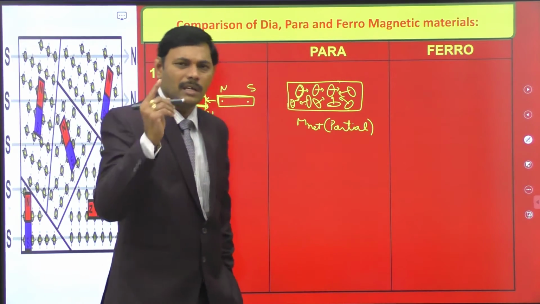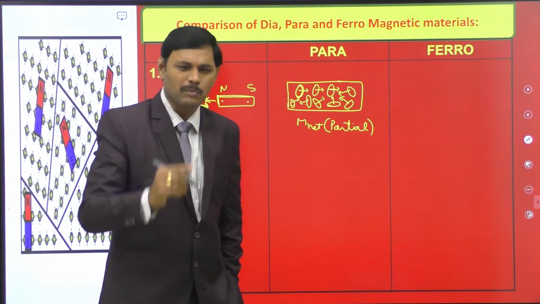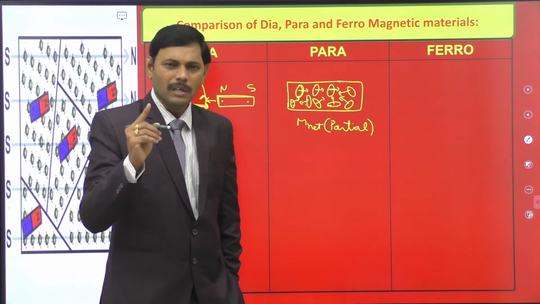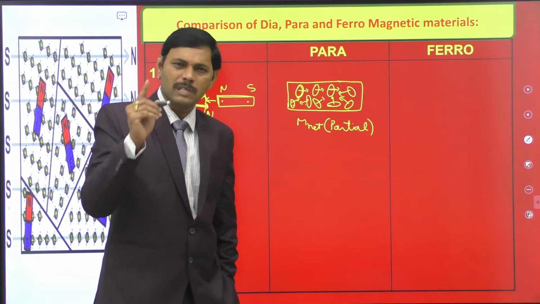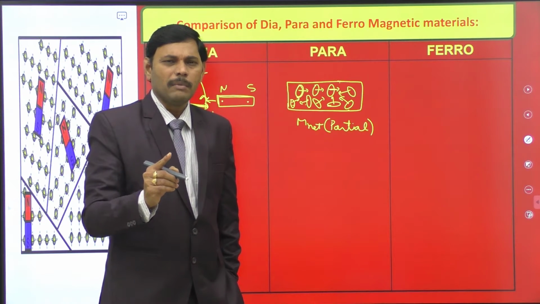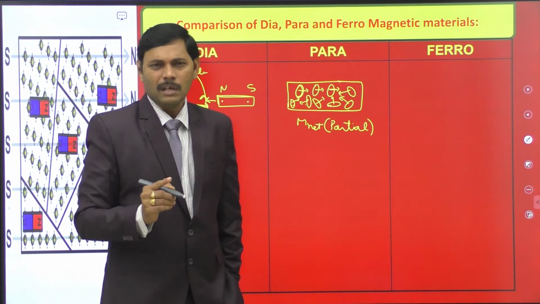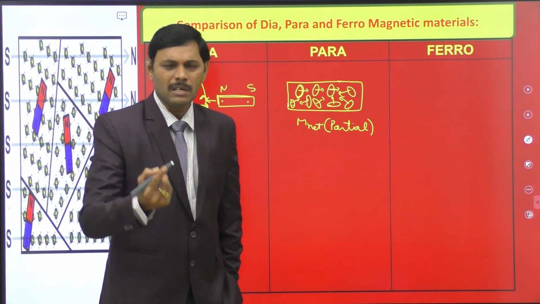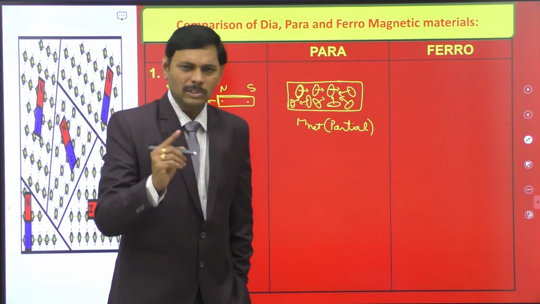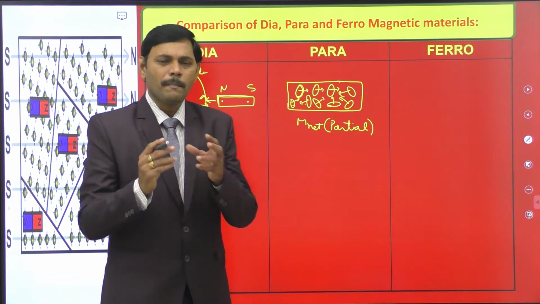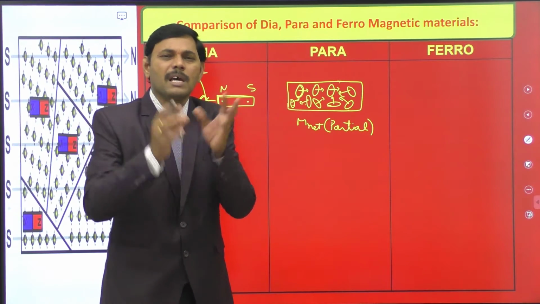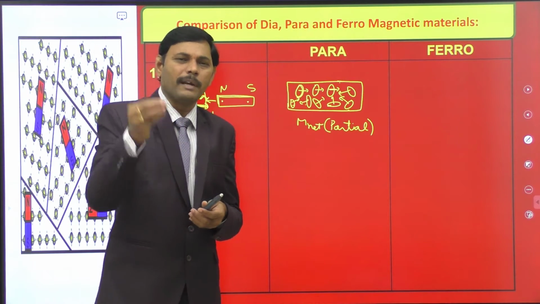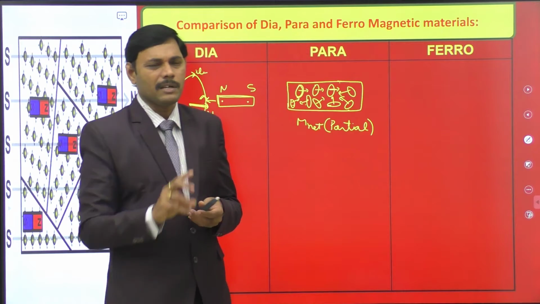Even though each atom has its own magnetic moment, each atom behaves like a dipole. Students, each atom behaves like a dipole because of the revolution of the electron and contributes magnetic moment, but due to random alignment of atoms inside the substance, the magnetic moments of the majority of atoms get cancelled, and a partial net magnetic moment exists in a particular direction.